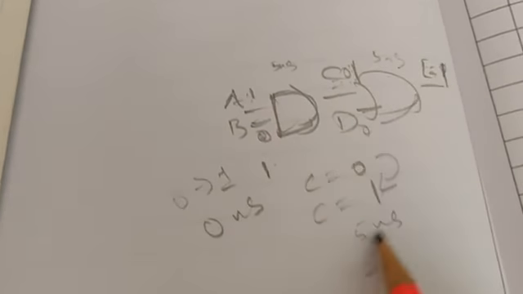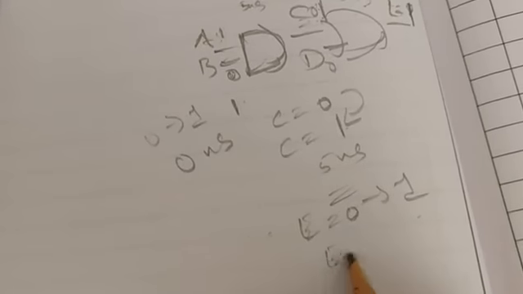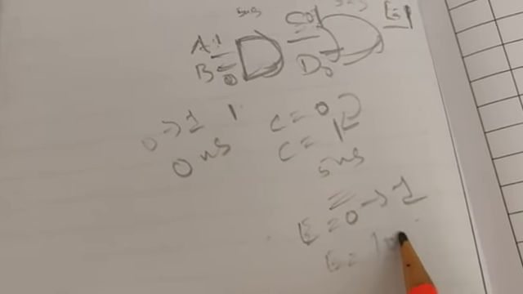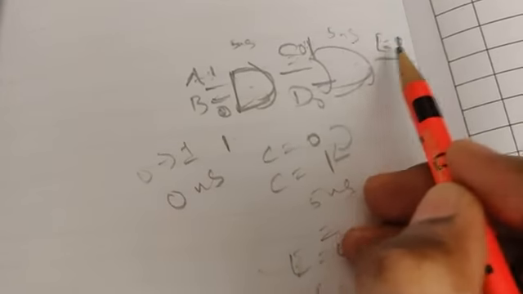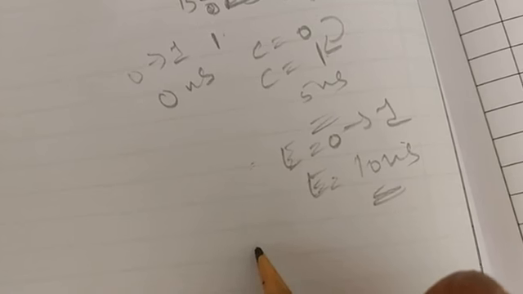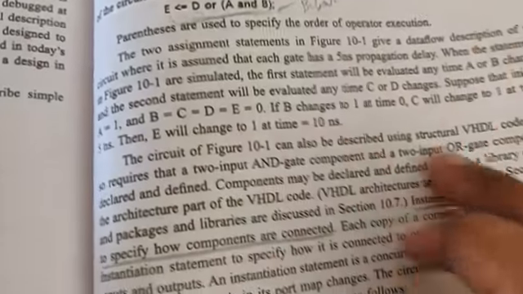So the change affects E from 0 to 1, and E will take a total of 10 nanoseconds. Why? 5 nanoseconds here and 5 nanoseconds here, so totally 10 nanoseconds. So for E to change from 0 to 1, it takes 10 nanoseconds. This is how it works, and this is what they have given.